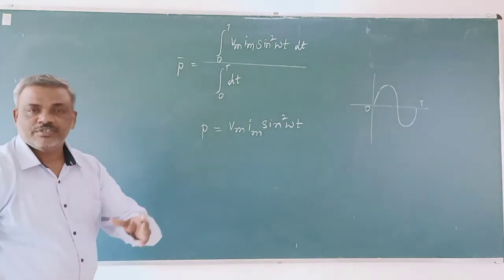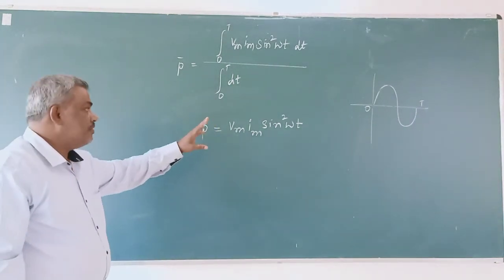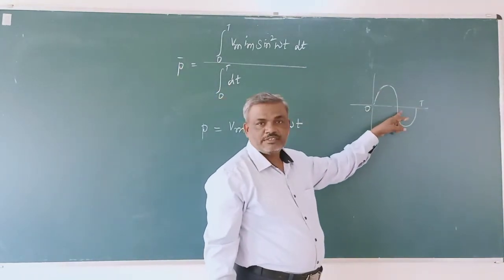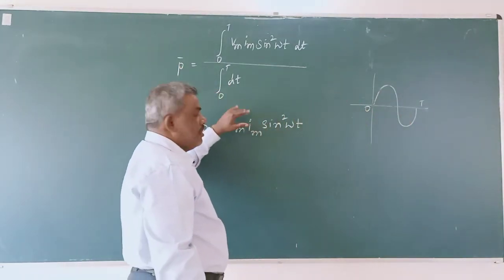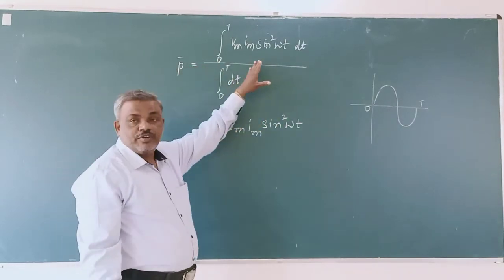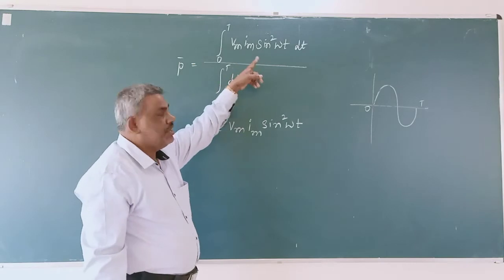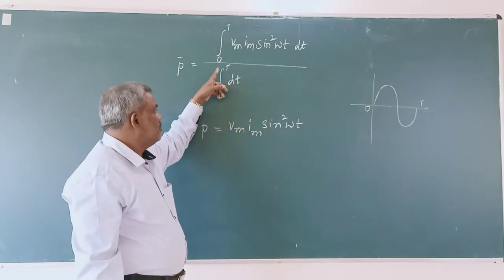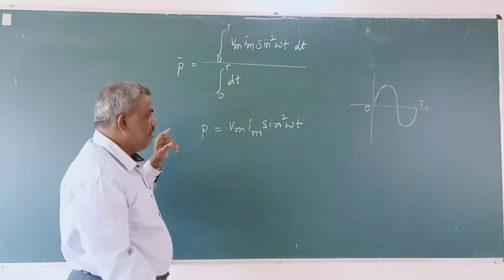So students, observe carefully: the average power over one complete cycle of alternating current, applying integral calculus, equals the integral from 0 to T in the numerator, and in the denominator the integral from 0 to T of dt.